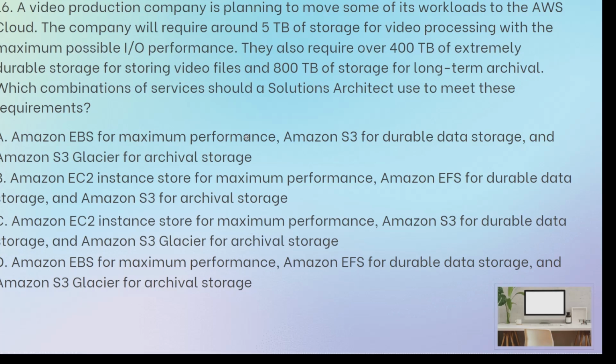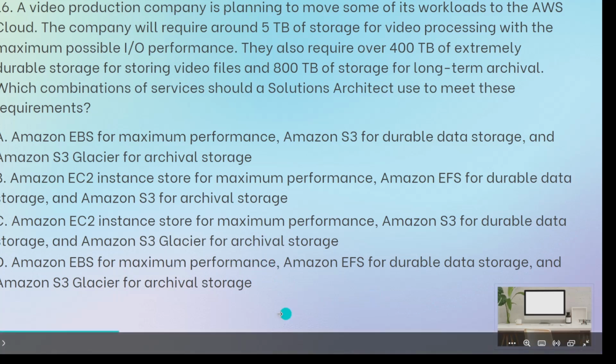Next, why this one is not correct is because they are using EFS, and we need durability for storing video files. S3 will give you more durability compared to EFS, and EFS will not be that cost effective either. You will always advise your clients to get cost effective solutions, correct? And now EBS for maximum performance, we have already discussed that this is wrong.